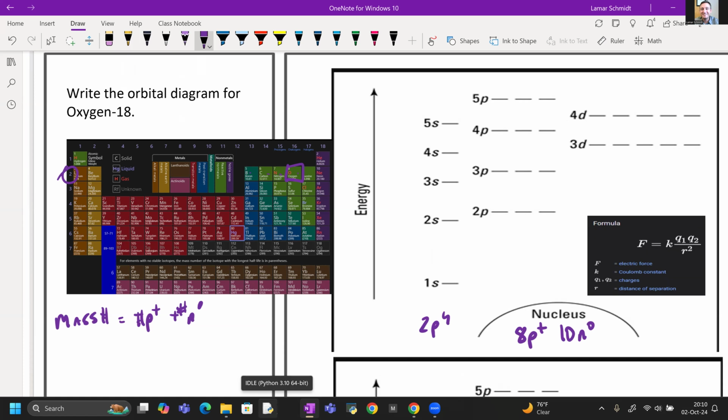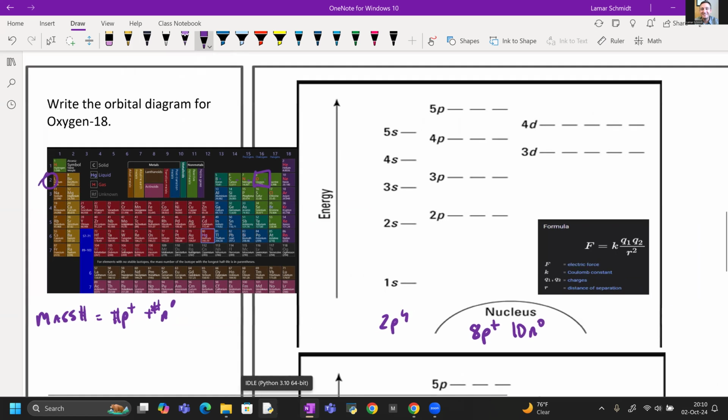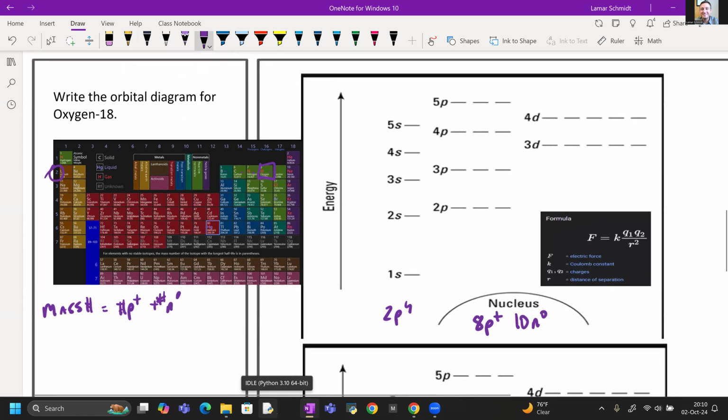If we follow our yellow brick road, and we talked about this in the last lecture, so get your yellow brick road out, we can start at 1s2, 2s2, and then we would end at 2p4. And we notice that we have 2 plus 2, which is 4, plus 4 electrons, which is 8. So we have the right number of electrons for a neutral charged oxygen.